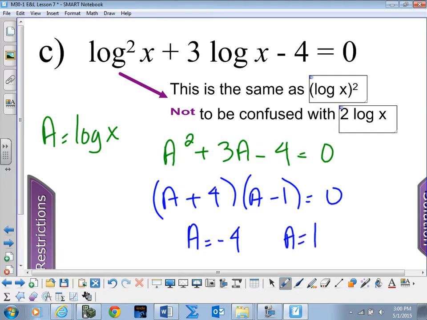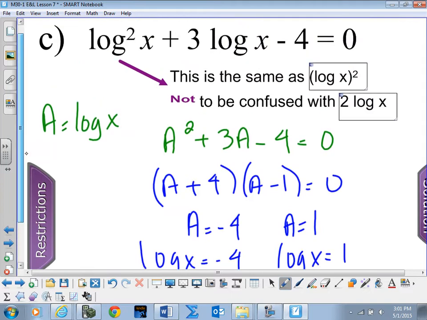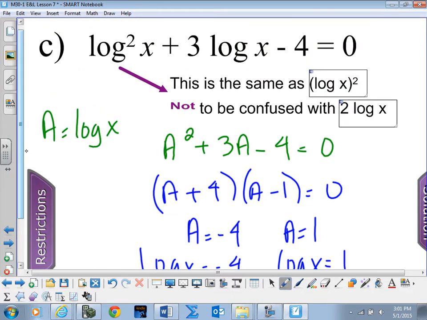So there's our two values for a. We have a positive 1, negative 4. Well, that's not x. We need to solve for x. So let's go back to what we replaced a with. Log x equals negative 4. When that log in the original equation has no subscript, that's base 10.